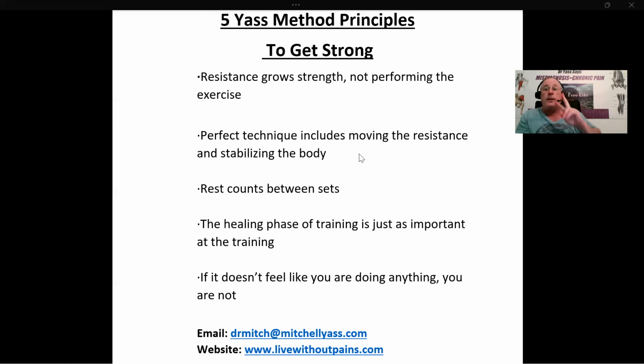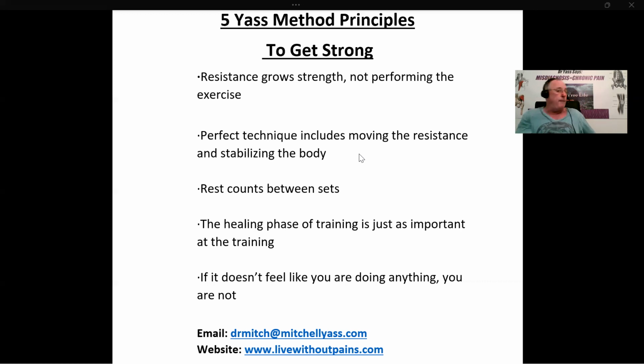Okay? So there's always two sides to an exercise. There's the pulling or pushing of the resistance, and then the stabilizing of the body so that the greatest amount of resistance can be pulled or pushed. So we want to be looking at that.